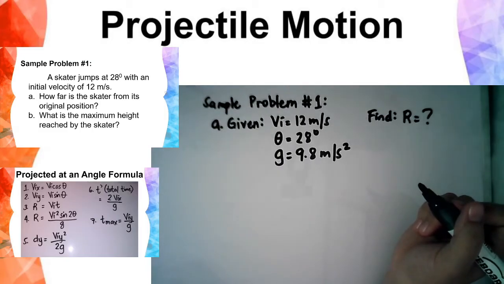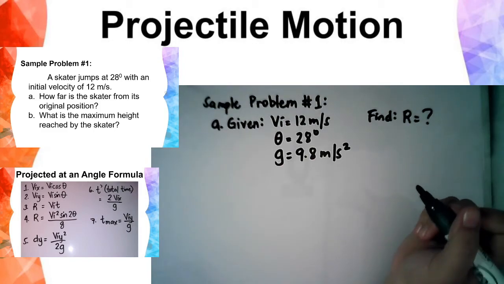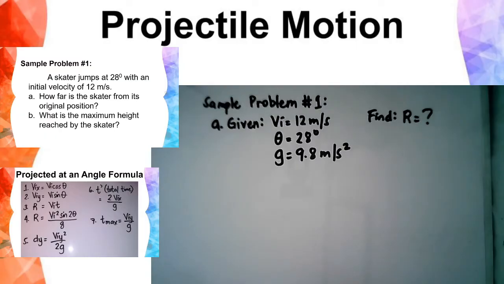Now, we need to identify the formula that we are going to use. For the formula, we have number 3 and number 4. Tulad ng binanggit ko last time, kailangan i-check nyo muna kung ano yung gagamitin ninyong formula, kung lahat ba nung nasa given ay maaari natin gamitin sa formula.